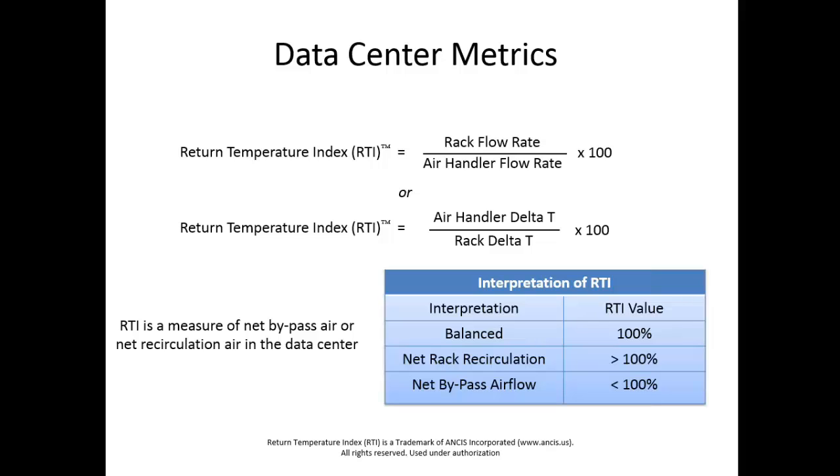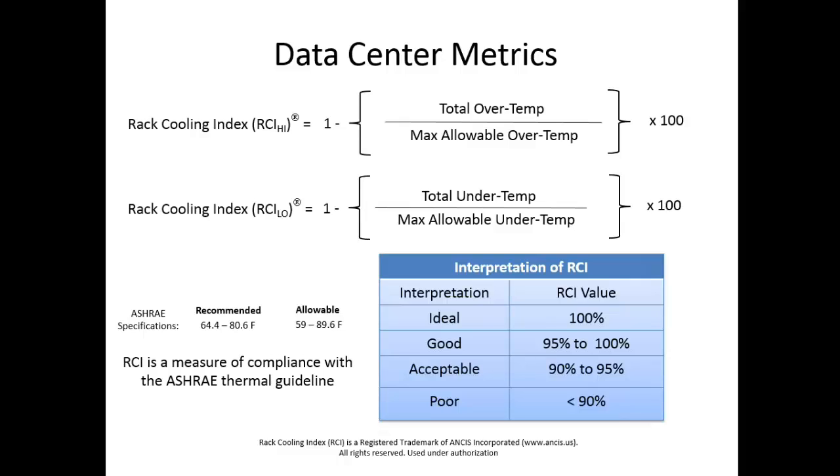So the first thing we look at is RTI in all these studies. The next thing we look at is what the temperatures are. In particular, there's a range that you want to operate within. The ASHRAE recommended range is 64.4 to 80 degrees. That's generally where you want to run.